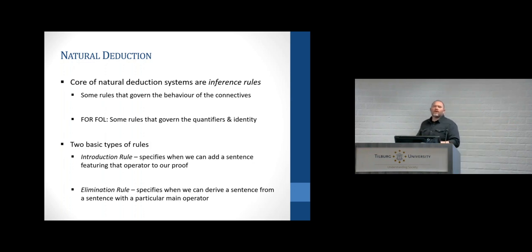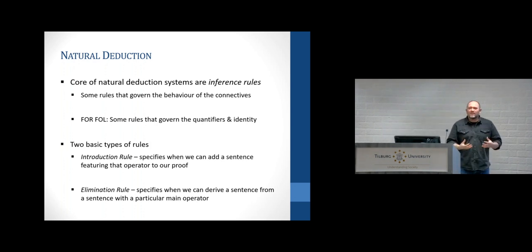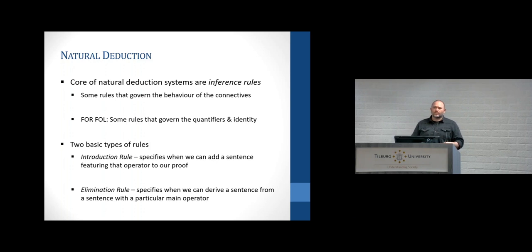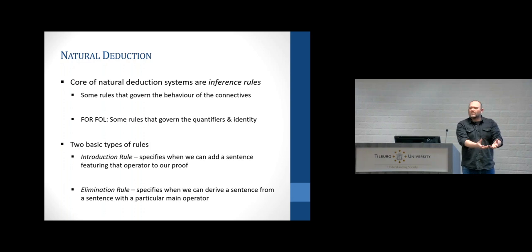On the flip side, we have very badly named elimination rules. Elimination rules basically tell us when we can derive a sentence using the relevant main operator. If we're really honest, they're probably better named as exploitation rules. Because what they let us do is use a sentence featuring the relevant operator to get something. But importantly, it doesn't destroy or consume the sentence we've used.